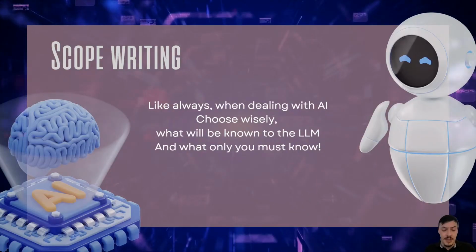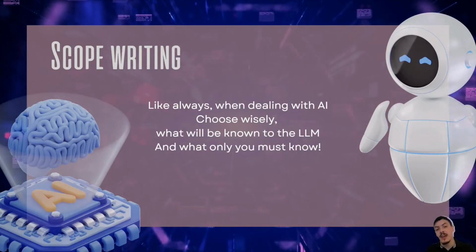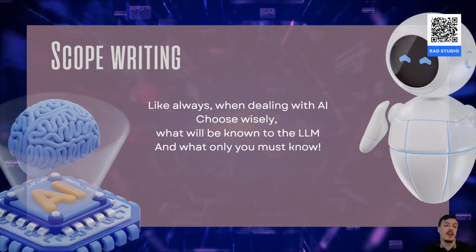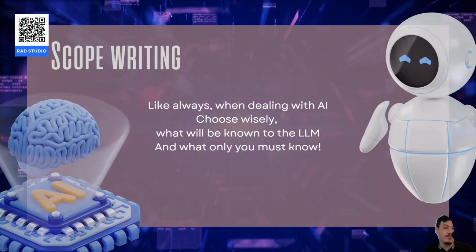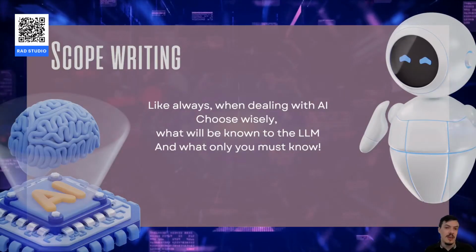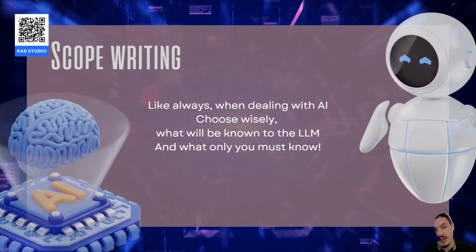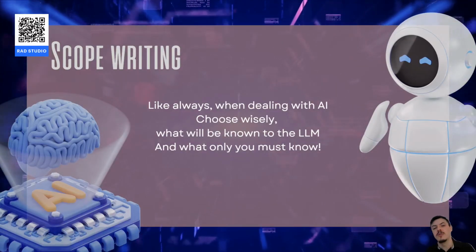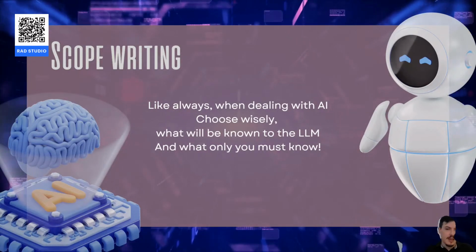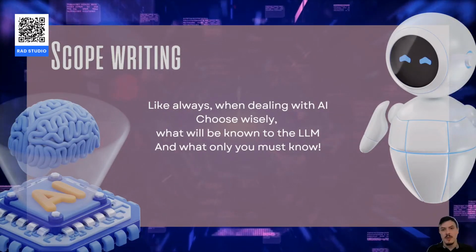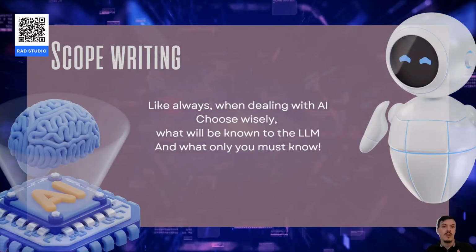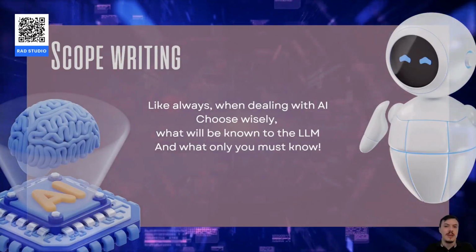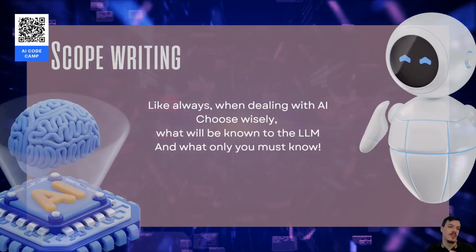So like always, when you're dealing with AI, choose wisely what you will put inside the AI and what not. But after that, give the AI some information and ask for a little scope of a software solution, and see if the LLM's vision of the software solution, the scope that the AI is writing, is the same that you have planned before, the same scope that you think it will be of the business logic that you must codify.